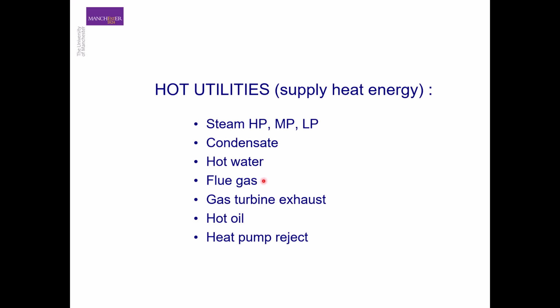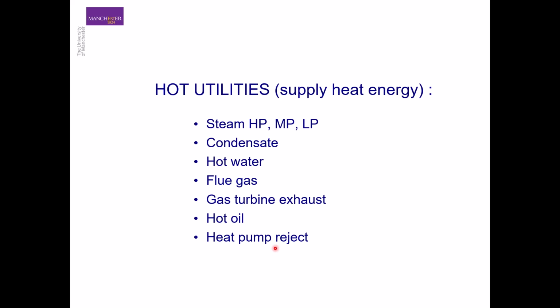Then we can use the exhaust from hot oil. The hot oil we can use in the range of 350 to 370 degrees centigrade. And then we can also use heat pump reject that transforms low grade heat to high grade heat, and that requires power to provide compression for that low grade heat to convert it into high grade heat.